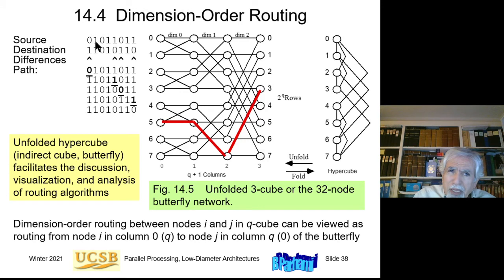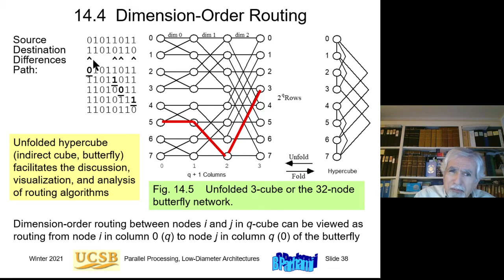This is a bigger example in an 8-dimensional hypercube. So suppose the source node address is this binary string. The destination node address is this binary string. We compare the two strings and figure that they're different in bit positions 0, 2, 3, and 7. Therefore, we need 4 steps for routing because they're different in 4 bits.